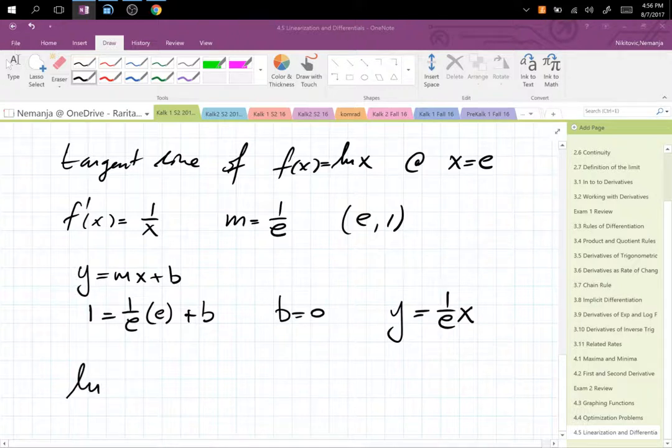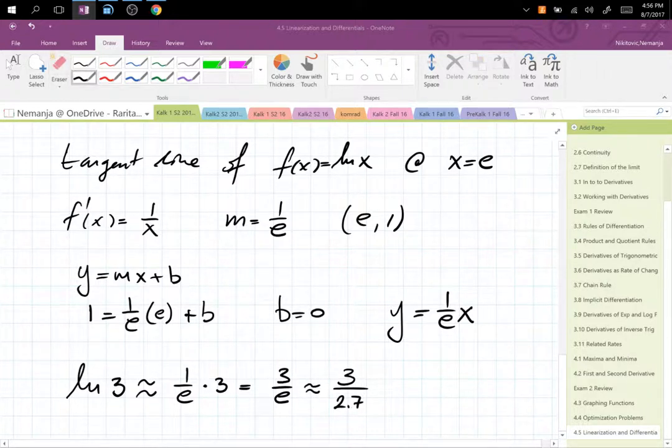So how much is ln 3? ln 3 is going to be approximated by calculating 1 over e times 3. So that's 3 over e. e is about 2.7. This is an approximation anyway. So we have 3 over 2.7. Well, that's an approximation, so I'll have to put another squiggle there.